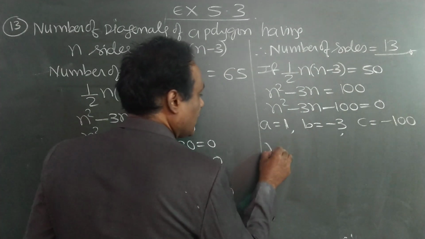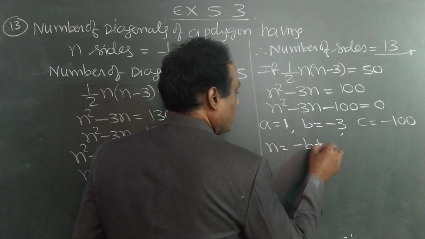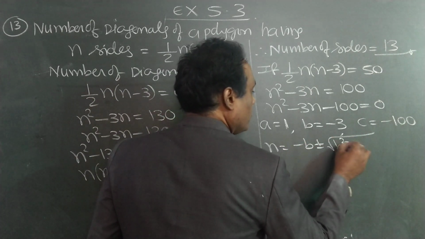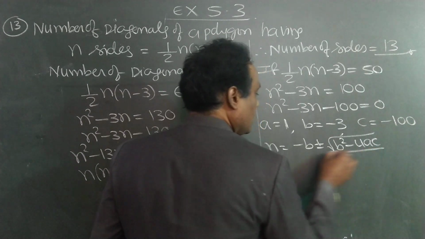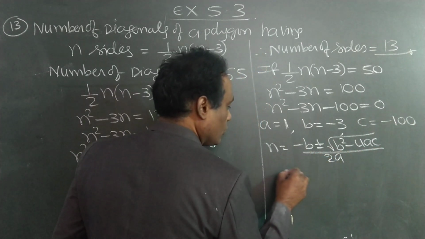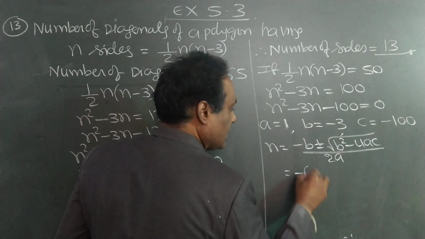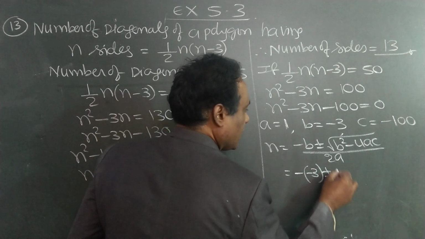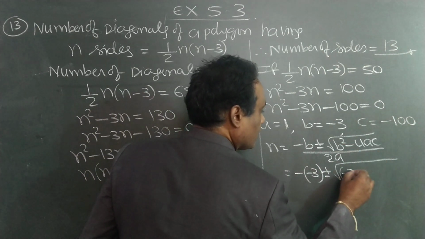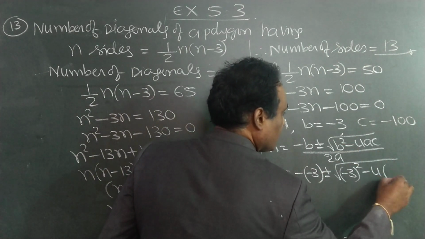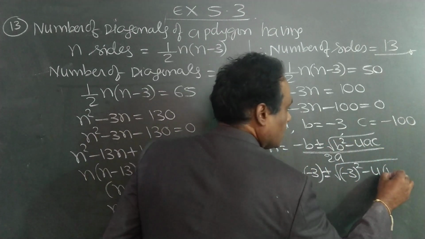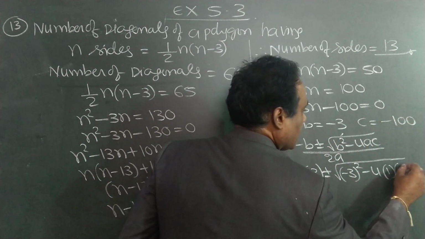So the formula for n is minus b plus or minus root of b square minus 4ac, by 2a. So minus b is 3, plus or minus root of b square, minus 3 whole square, minus 4 into a is 1, c is minus 100.